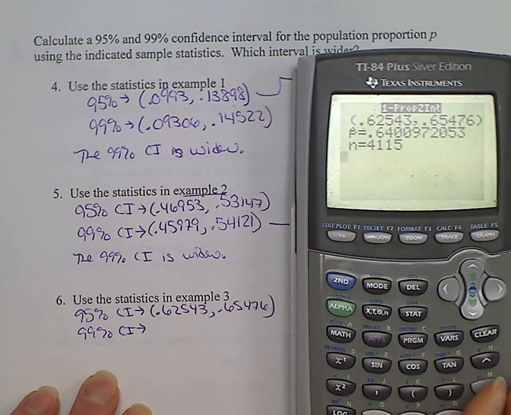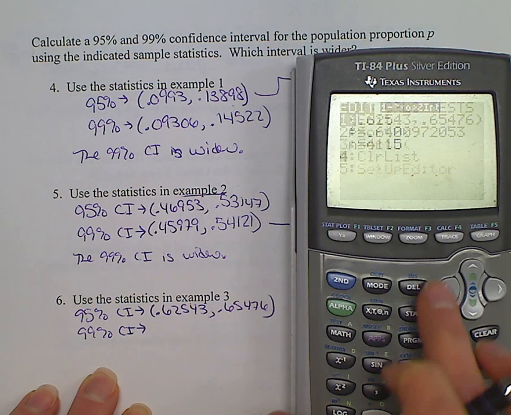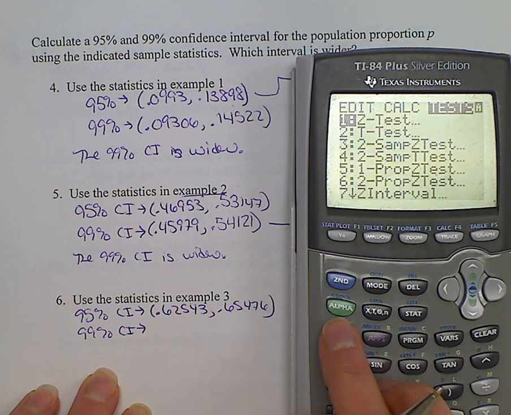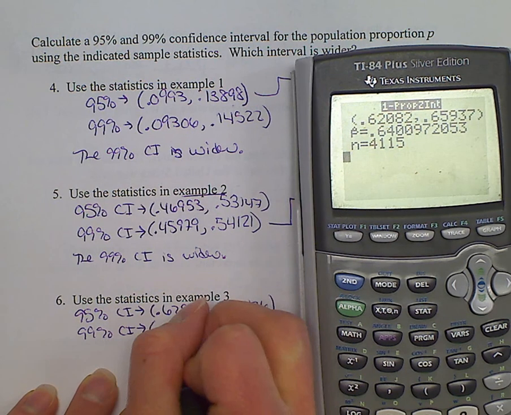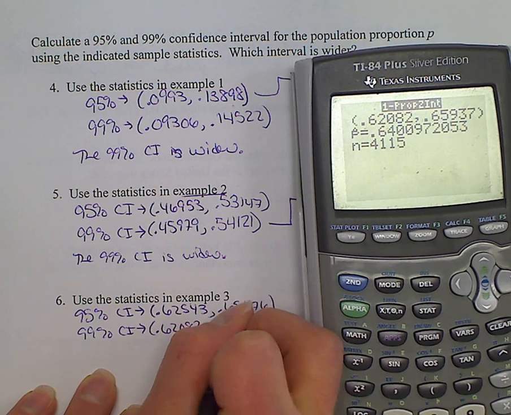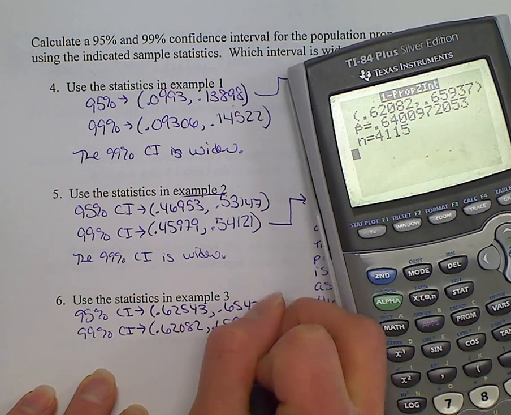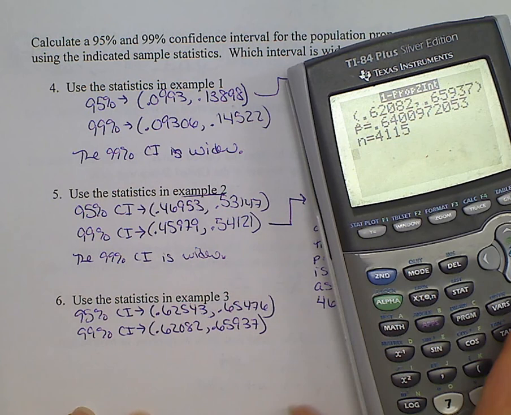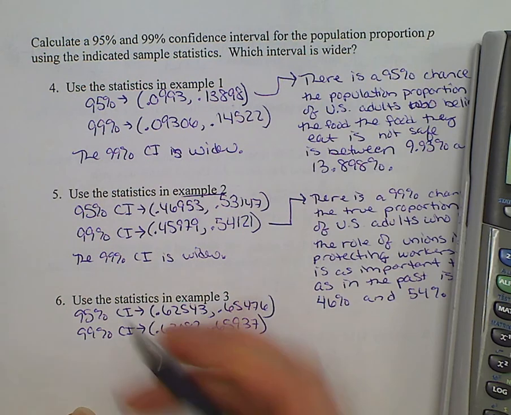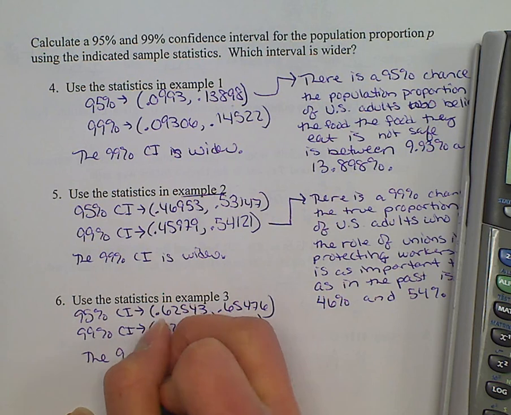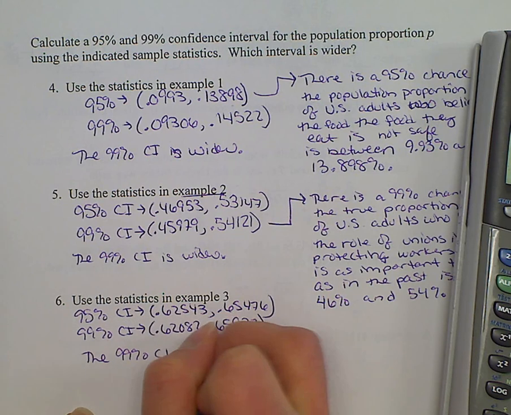Then I'm going to go back into the test, change my C level to 99, and again, when we compare these two, this bottom one has a wider range or a larger range, so the 99% confidence interval is wider.